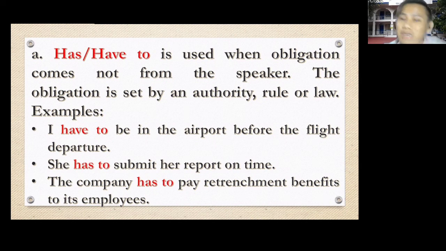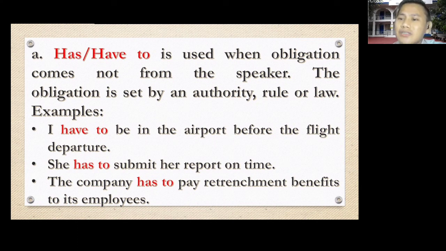I will repeat, we use has or have to when the obligation comes not from the speaker. So the obligation is set by an authority, rule, or law.